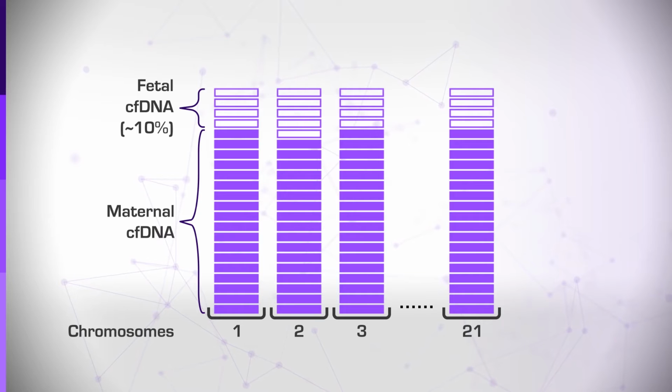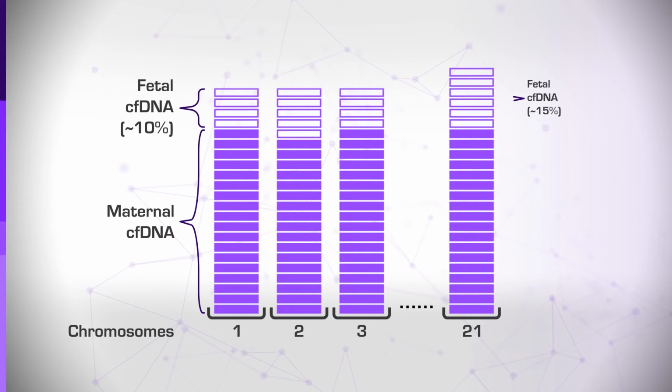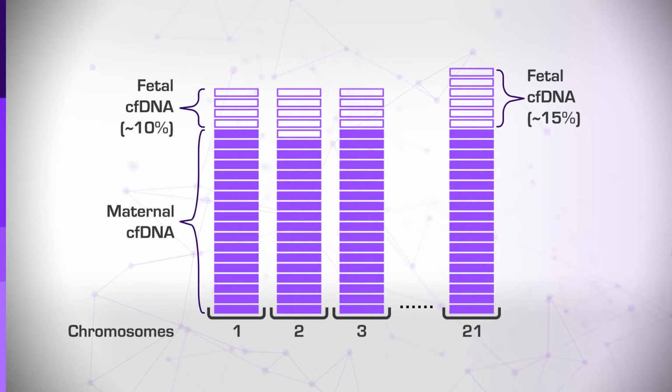Now, let's assume that the embryo has trisomy, such as Down syndrome, with 3 copies instead of 2 of chromosome 21. In this case, the coverage of chromosome 21 will be 5% deeper, as we will have 50% extra DNA from the 10% of the fetal-derived reads.